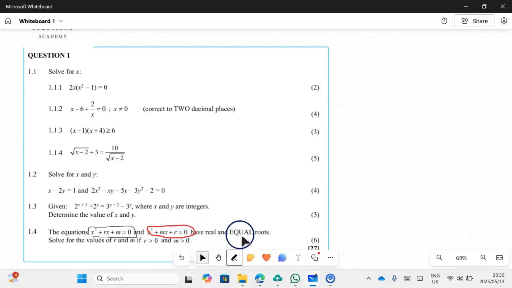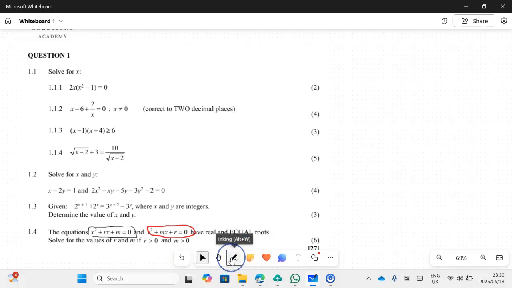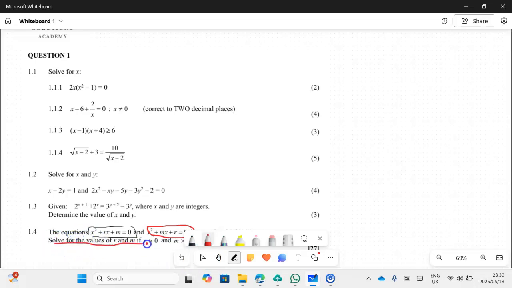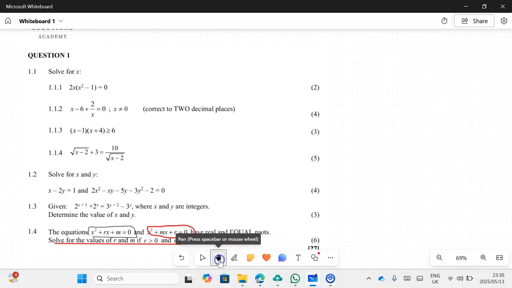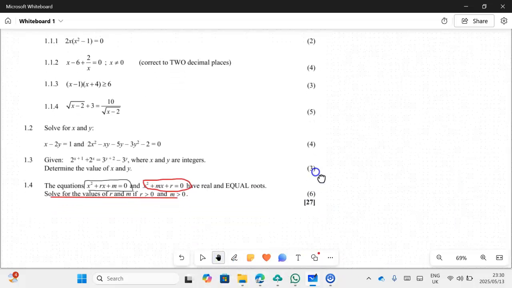The roots must be real and they must be equal. So we are going to solve for both r and m. R must be greater than 0, m must also be greater than 0. So those are the keywords.